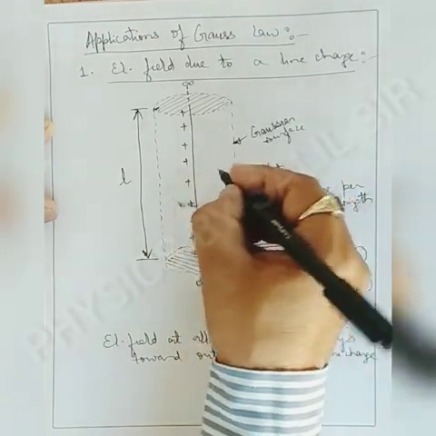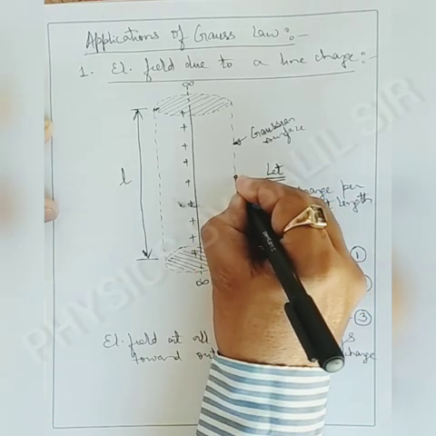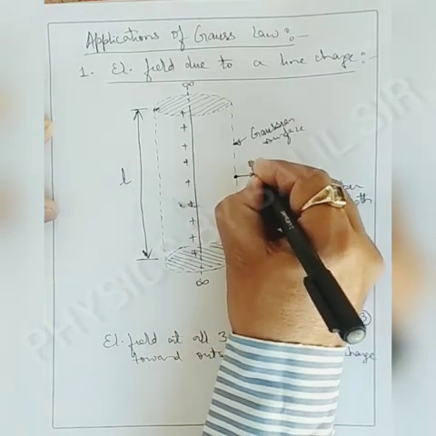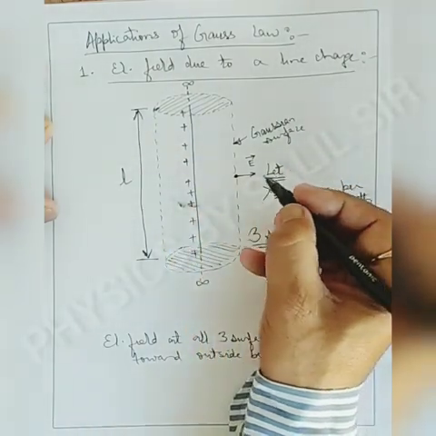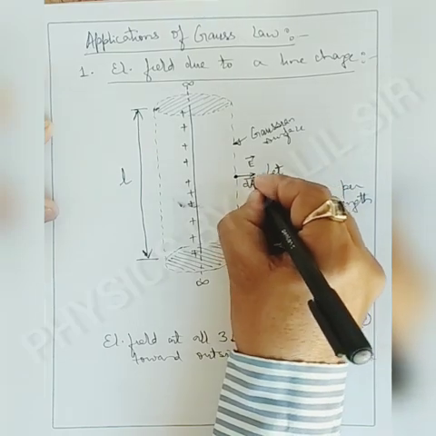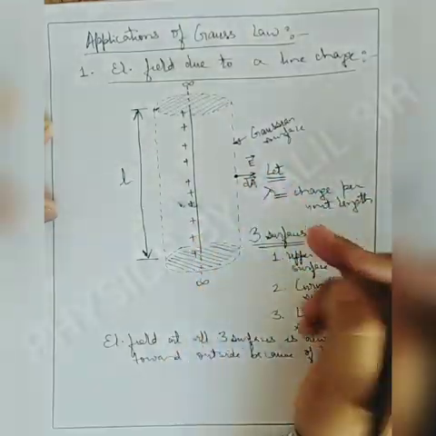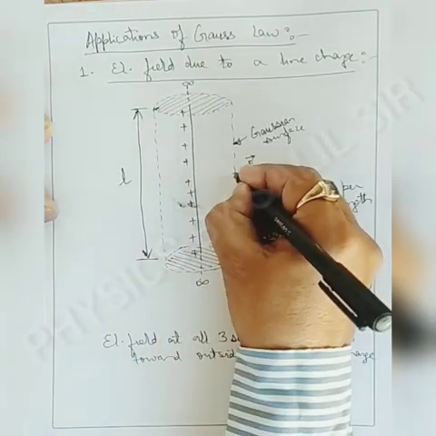So this is the line charge. The electric field at this point will be away from the positive charge, and the area vector, if we consider the area vector as vector dA, will also be away from this line charge.